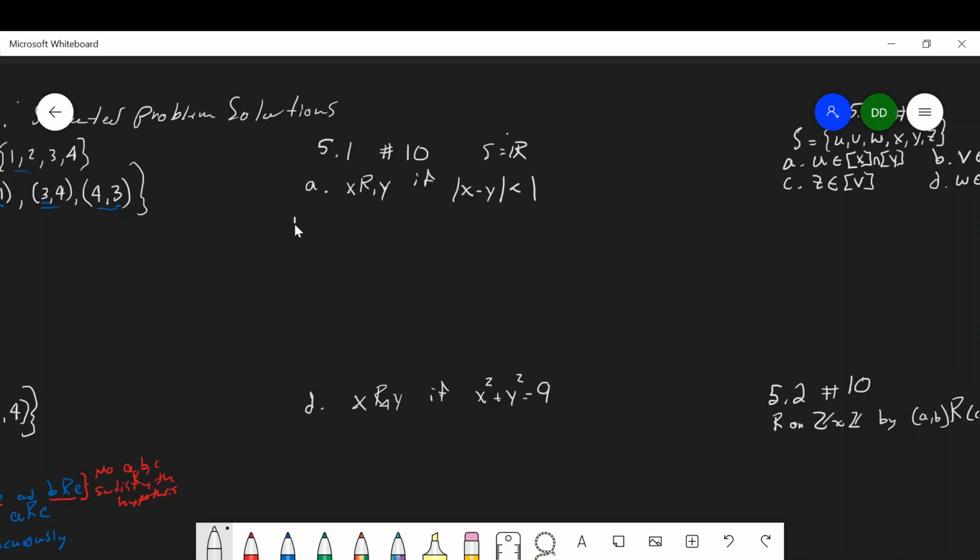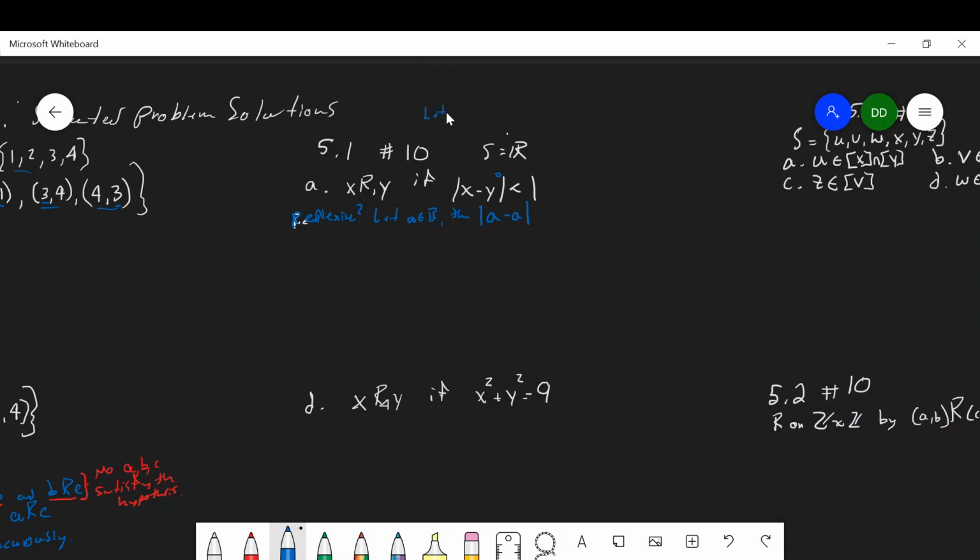So let's check that. So is this thing reflexive? Oops, I've been using blue for my solutions. Is this thing reflexive? So we ask ourselves, let A be in R, then let's compute A minus A and see if that's less than 1. So remember, reflexivity is A related to A for all A in R. And so I want to plug in A for both X and Y. So some people like to do this, right?